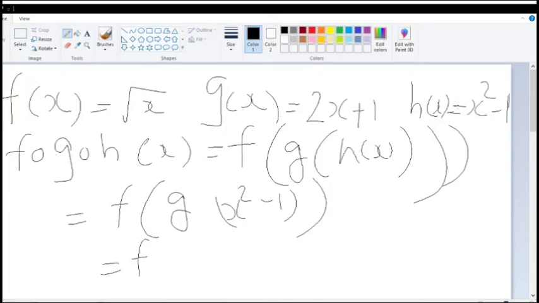There, substitute x square minus 1 in place of x, that is 2 into x square minus 1 plus 1.